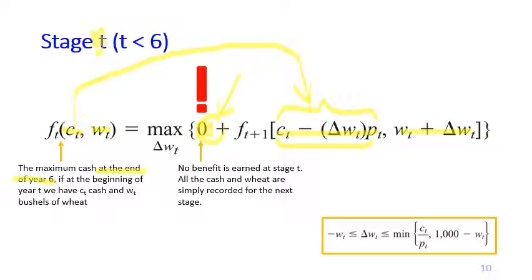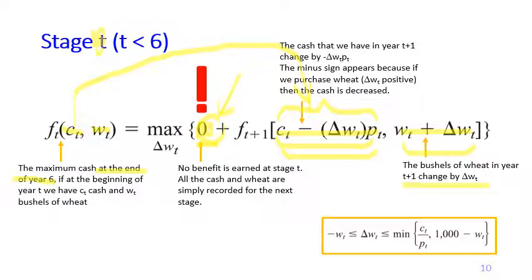Your cash increases at the next year, but you also earn something that is separate from your cash position at the next year. It just doesn't make sense. Whatever changes in your cash and whatever changes in your wheat is already recorded at this stage. So you should not and must not write down anything there. Okay? So that is the bushels position at the beginning of next year, and that is the cash position next year.